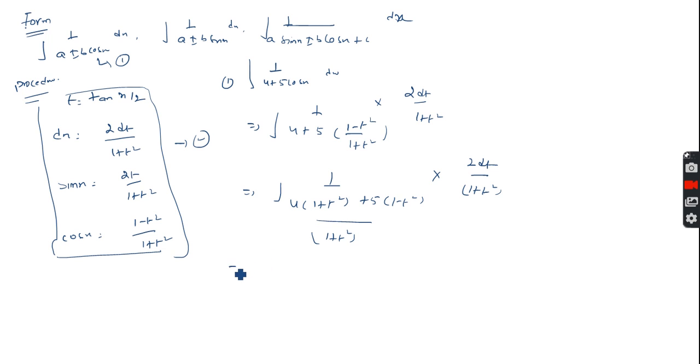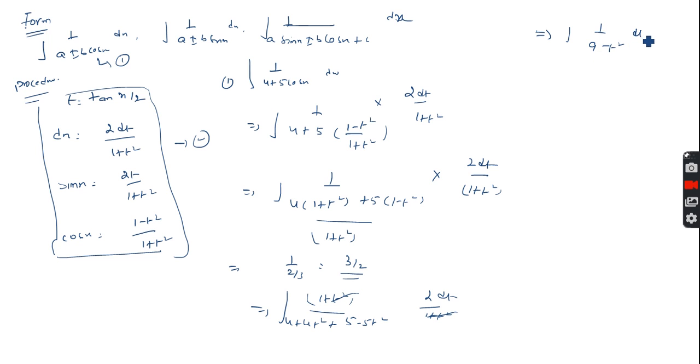So this is the denominator, which becomes 1 plus t square by 4 into 1, 4t square plus 5 minus 5t square, into 2 dt by 1 plus t square. So 1 plus t square and 1 plus t square will be cancelled, and we get 1 by 9 minus t square into dt.